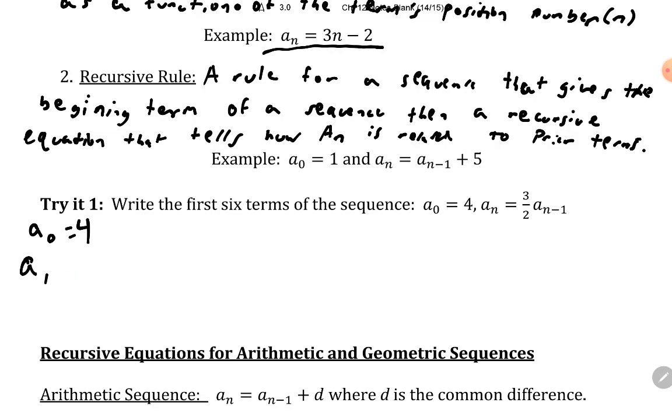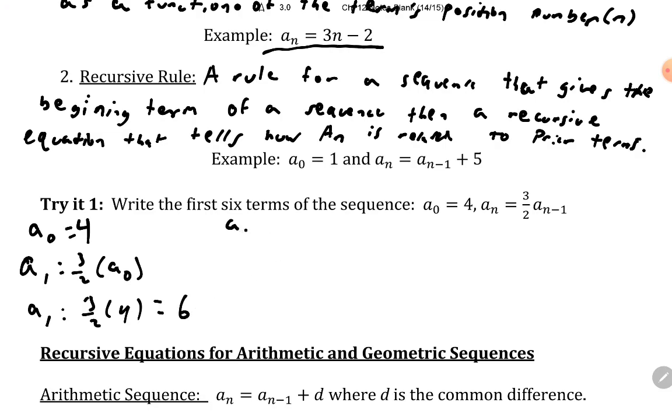And then if you plug in 1 into the recursive equation, or the recursive rule, we'll get 3 halves times a sub 0. So a sub 1 equals 3 halves of 4. And that'll give us 6.